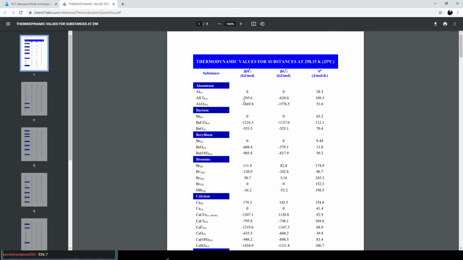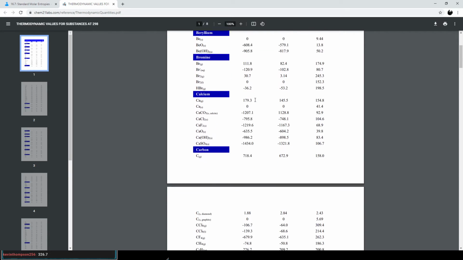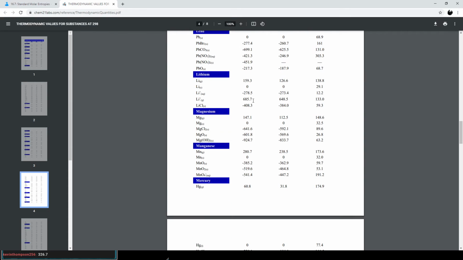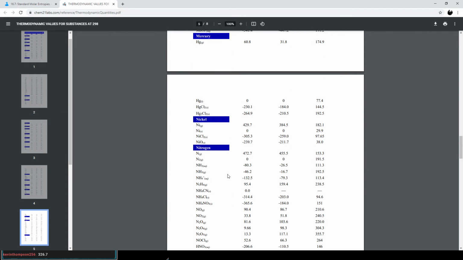So that's good. If we're looking at delta H for these, remember it's the same thing. We use the products minus the reactants. So we're going to look all these things up. We have ammonia here. We're looking at ammonia gas.